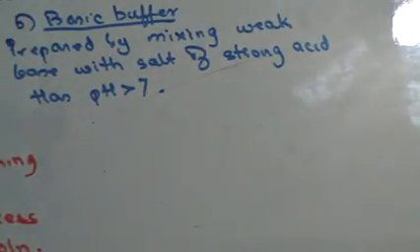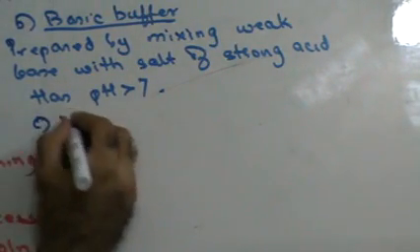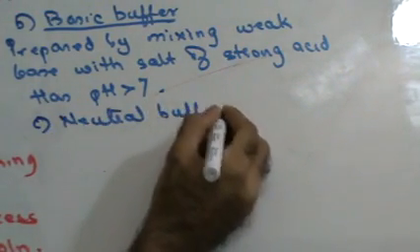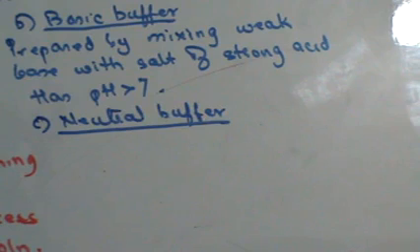The third is neutral buffer. Now, what is a neutral buffer? A neutral buffer is prepared by dissolving a salt of weak acid and weak base and it has a pH approximately equal to 7.